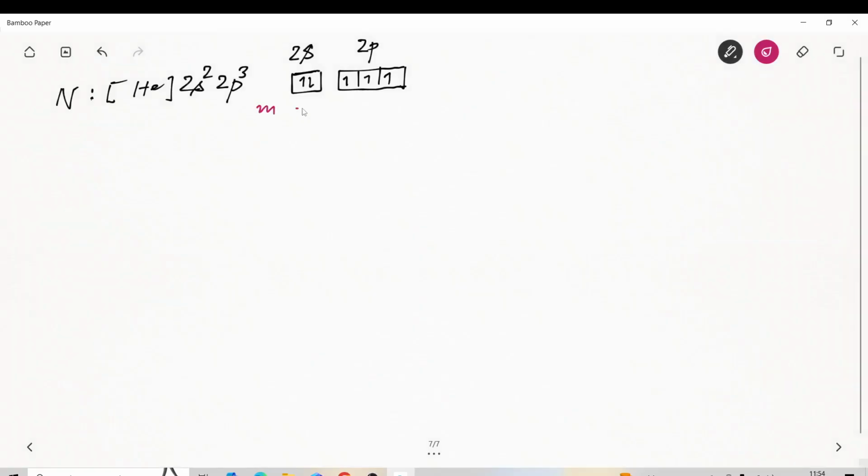The m values for this are 0, -1, 0, +1, right? Then we find capital L, which is the summation of m. Look, electrons in the s orbital give 0 plus 0, electrons in the p orbital give -1, then 0, then +1. So the value of L is 0.